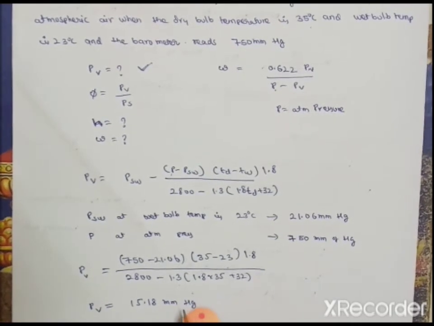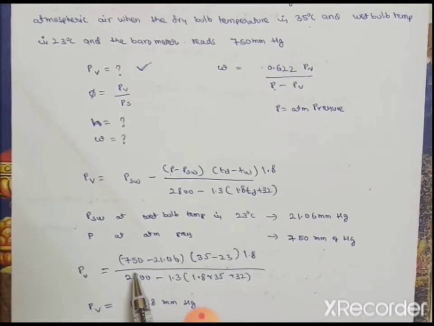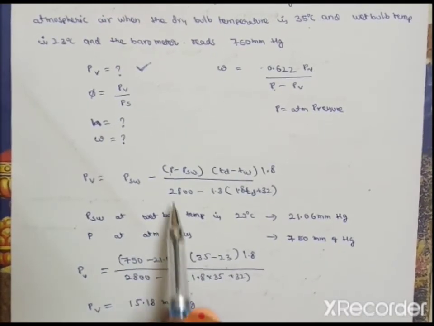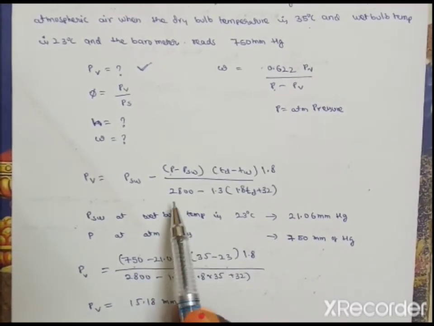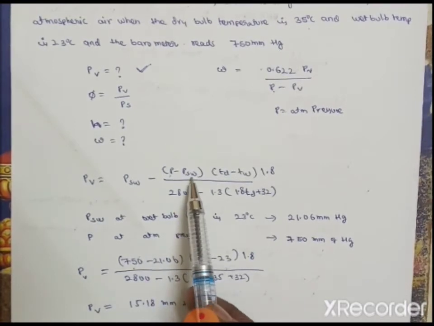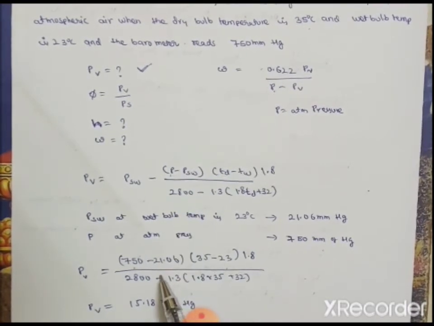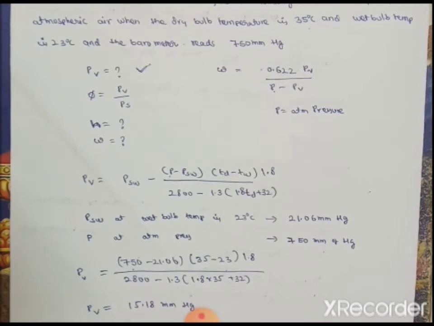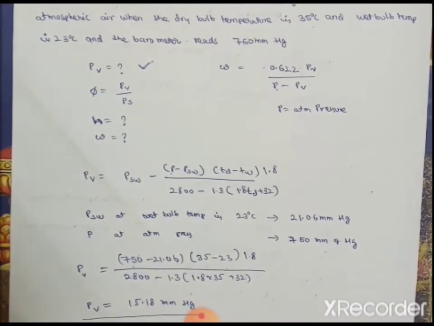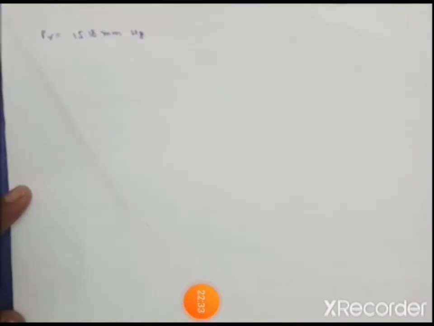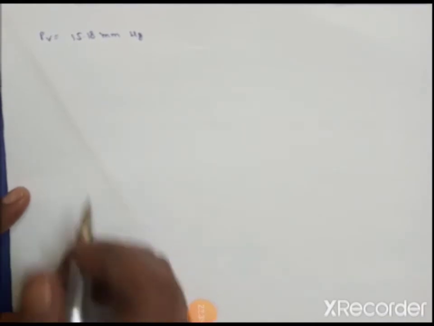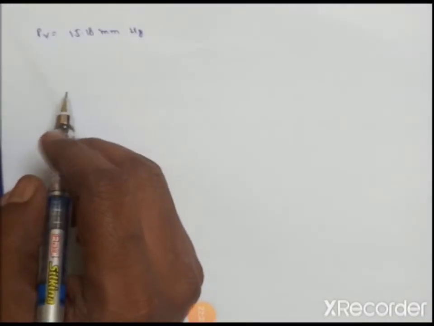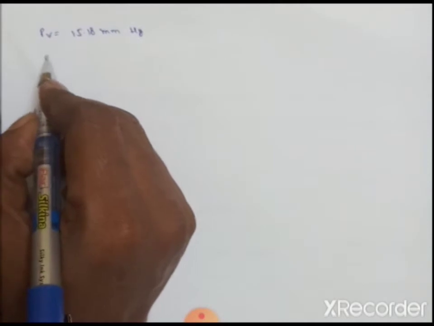Why is it in terms of mmHg? Because we substitute the total atmospheric pressure and water vapor pressure in terms of mm of Hg, that's why PV is also in terms of mm of Hg. Now what is the PS value?